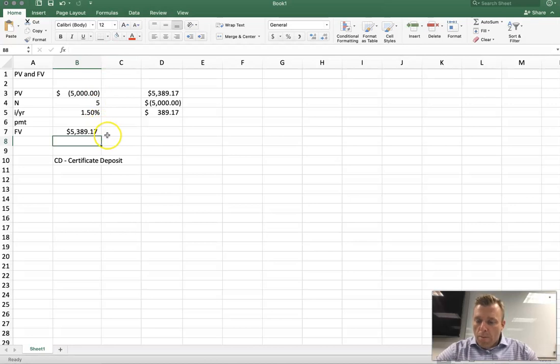It's not much different, as you can see. Even though it's compounding every month, the increase is very little. We went from 386 to 389, so a $3 difference by compounding monthly.